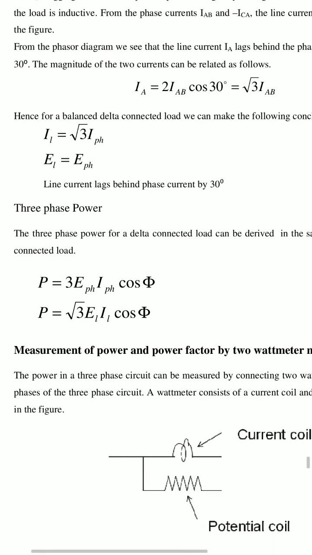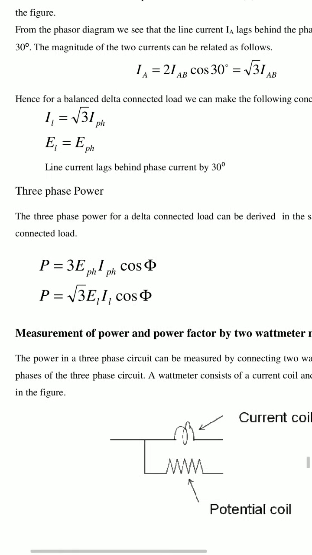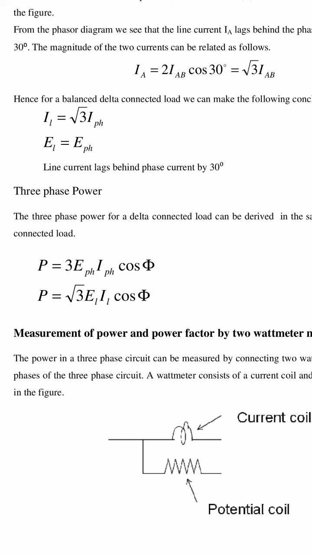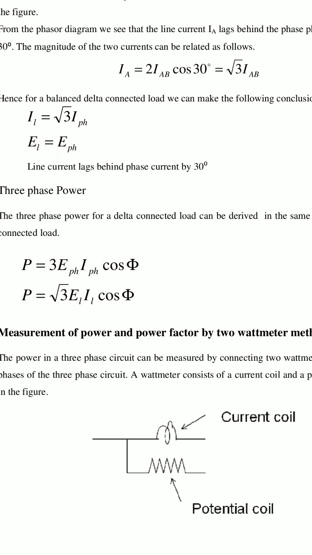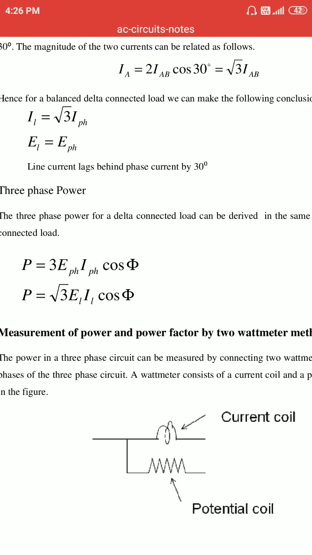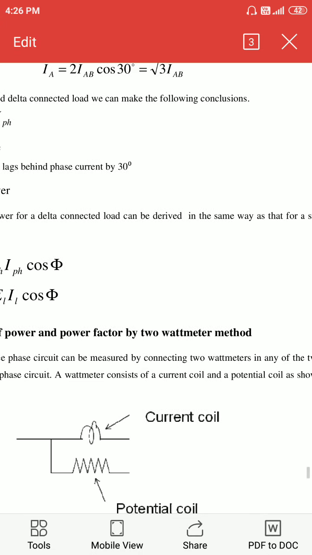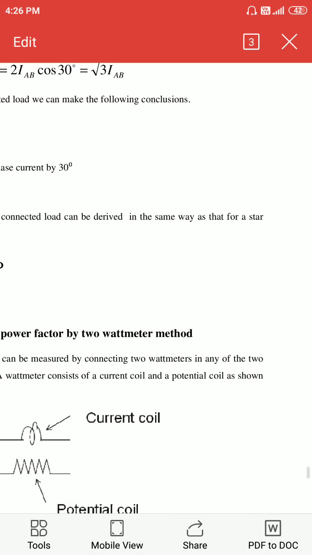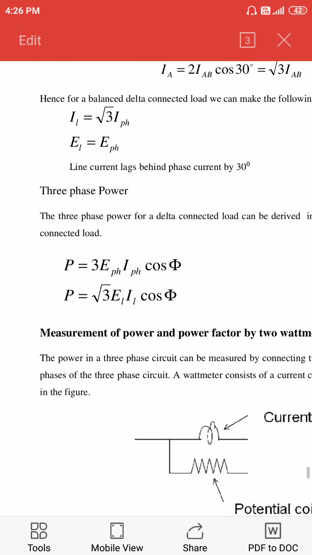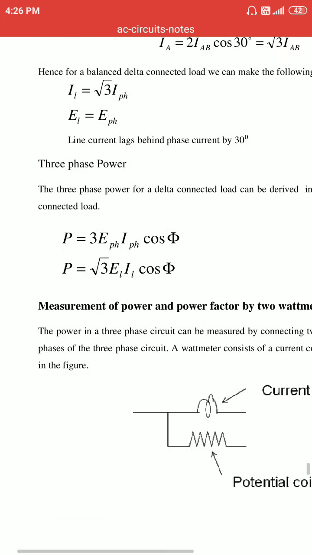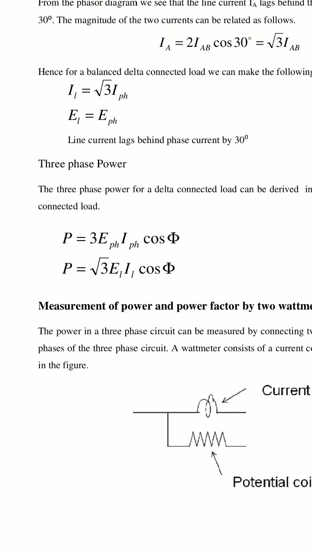Here, the three-phase power for a delta connected load can be derived in the same way as for a star connected load, so P is equal to 3 E phase I phase cos phi.